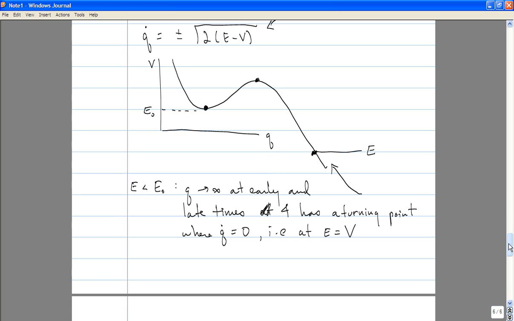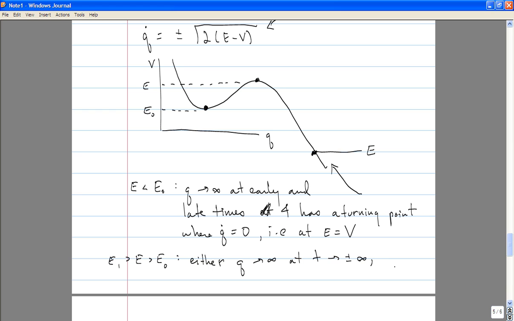So that's the case if the energy is less than E naught. If the energy is larger than E naught but less than, let's call it E1, which would be the value of the energy at this unstable maximum of the potential, then there are two possibilities. One possibility is that Q goes to infinity at early and late times.